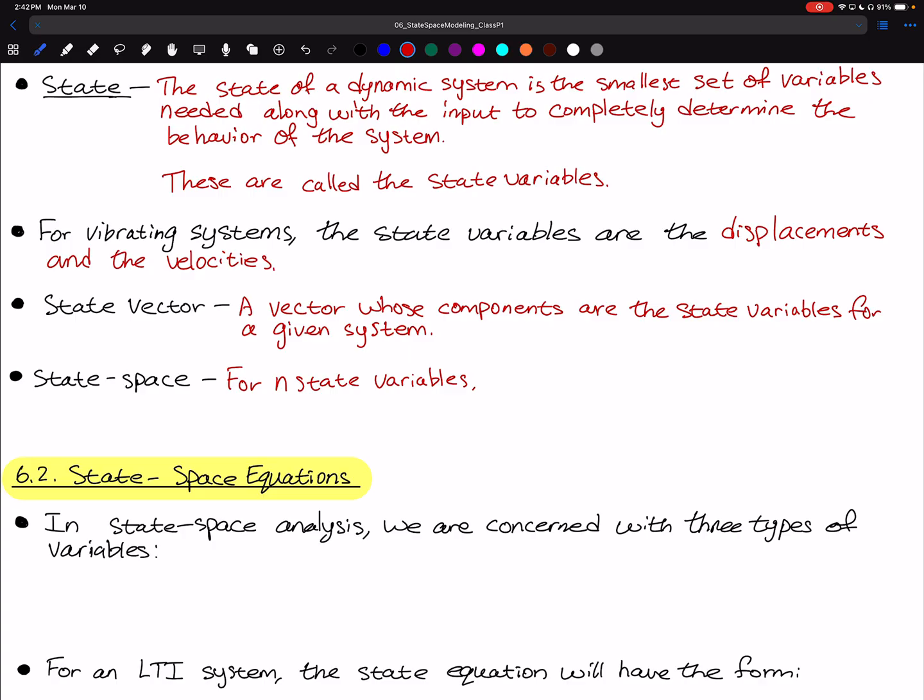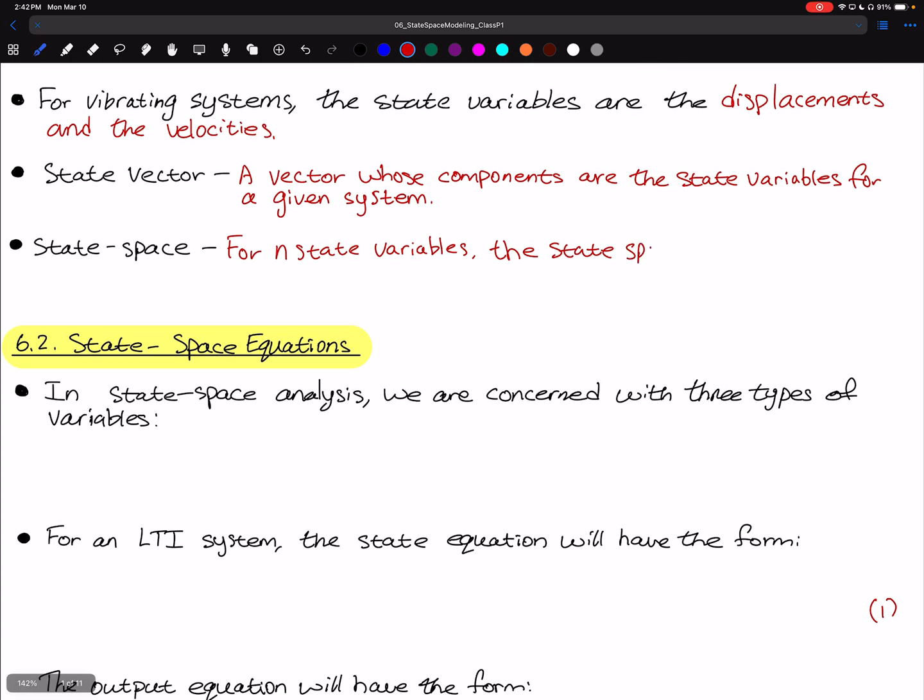So it's just some higher dimensional space in which the system lives, and where all of the state variables live.